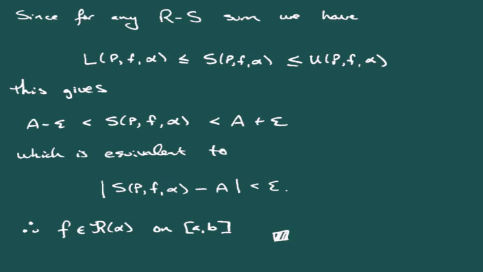So hopefully this has allowed you to see some of the machinery that we're going to use later on in the development, maybe proving some of our applications and being able to show under what conditions our Riemann Stieltjes integral is going to exist.